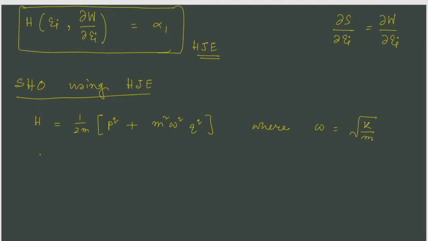We already know what to do. We know that P is del S del Q, no subscript because it's only 1D motion. So that means our equation would be 1 by 2m del S del Q squared. You see, I'm just writing down the Hamiltonian using the new form of P, which is a partial derivative of S with Q.